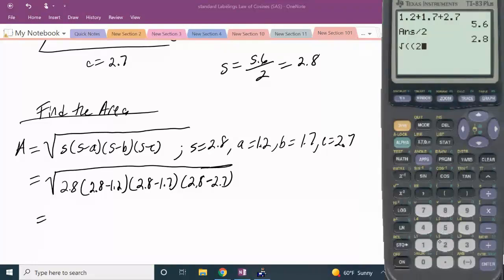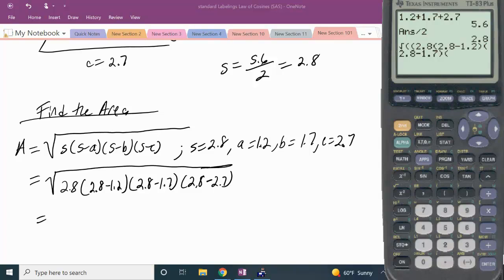I'm going to put in 2.8 times 2.8 minus 1.2. I'm going to close that off. Times 2.8 minus 1.7. 2.7. I'm going to close that off.